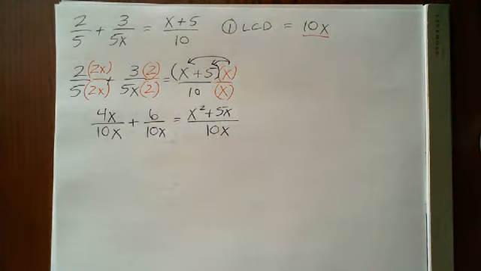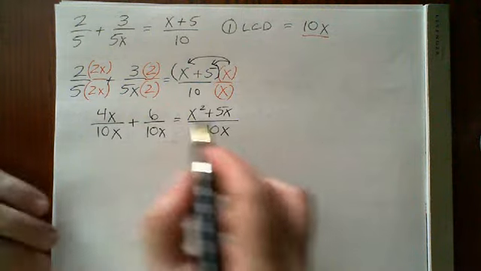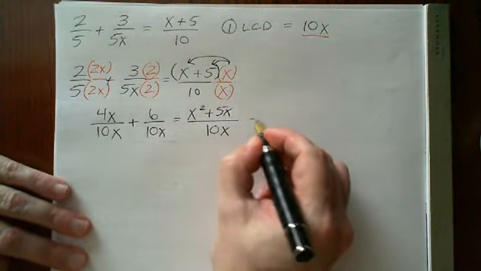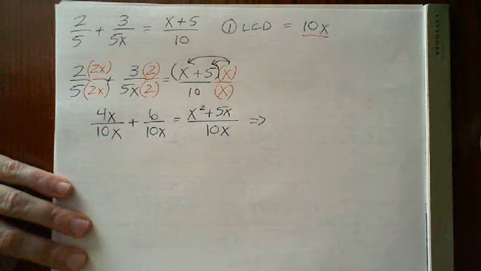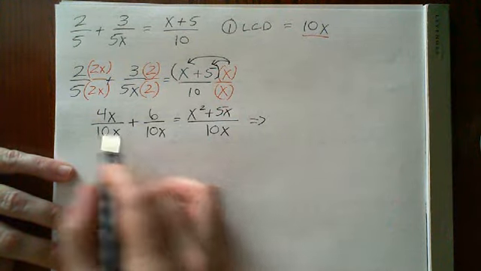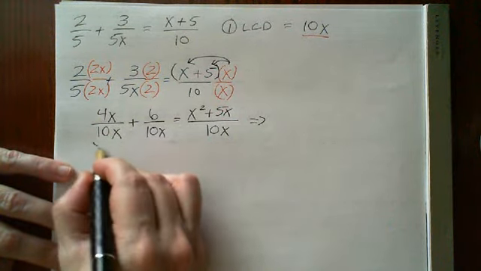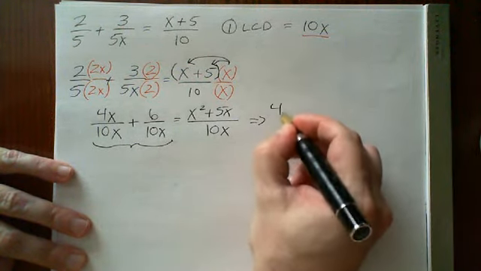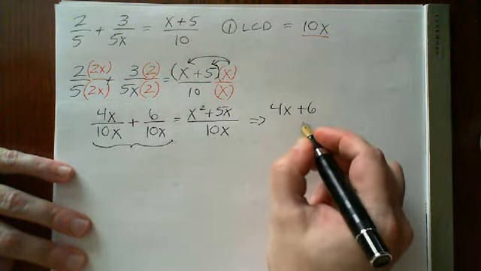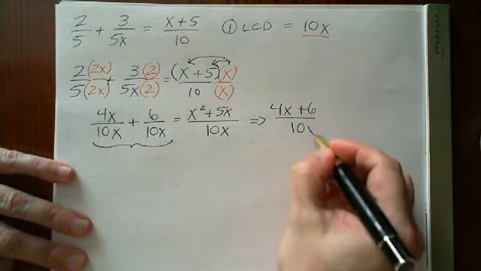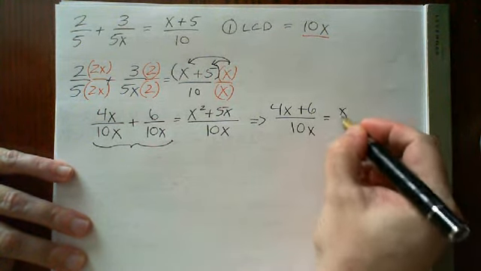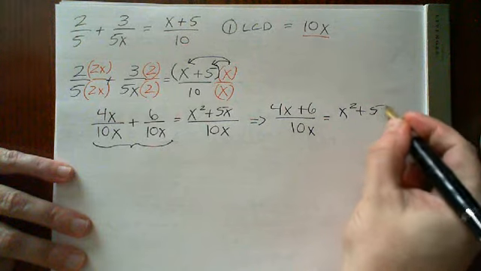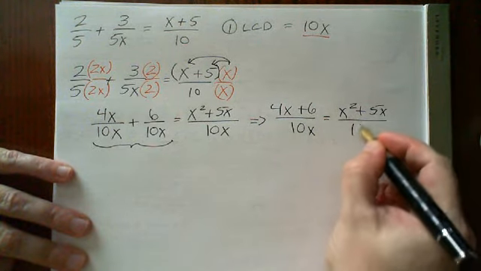Now, since I've got the lower portion all equal at this time, on the left here you'll notice I've got a common denominator, so I can just combine the top. That just gives me 4x plus 6 over 10x equals x squared plus 5x over 10x.